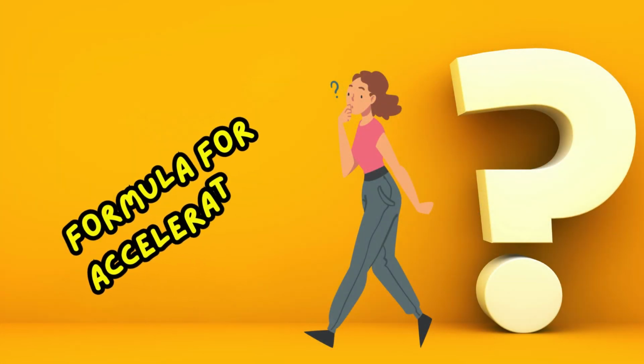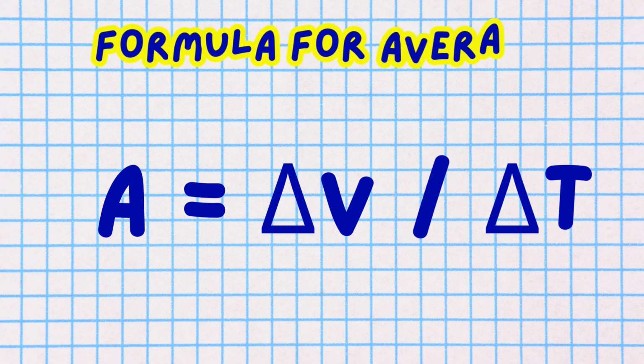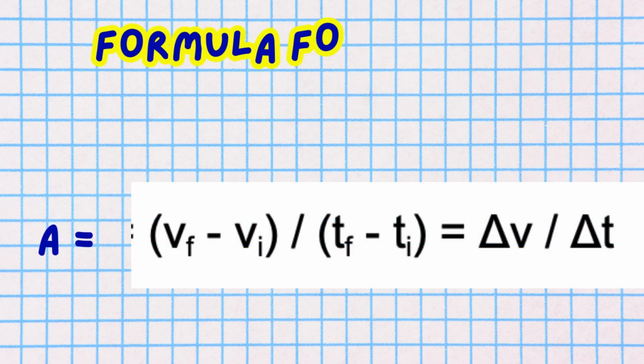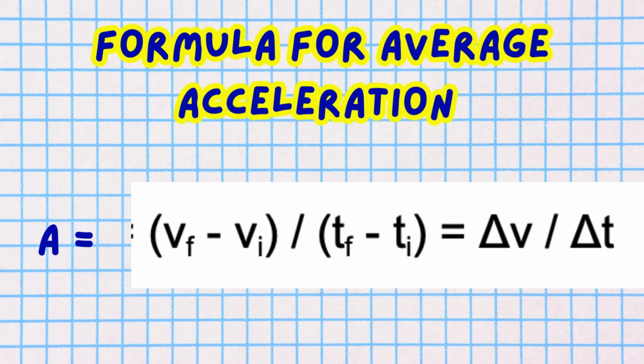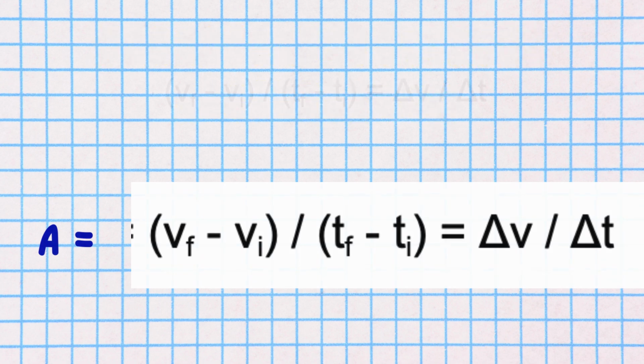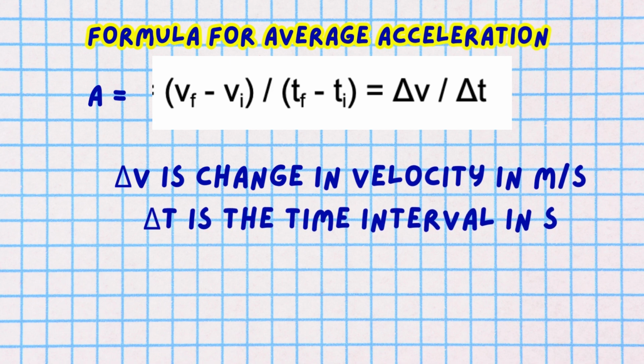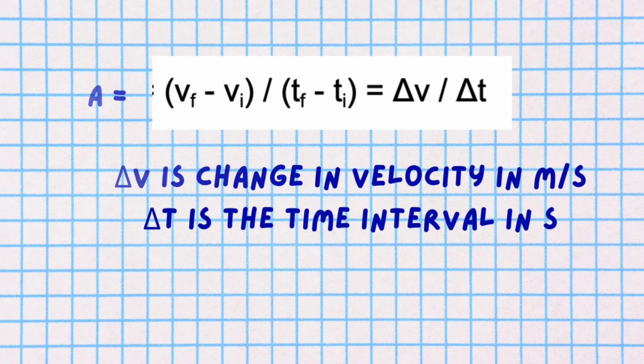So what is the formula for acceleration? We can write the formula for average acceleration as a equals delta v over delta t, which equals final velocity Vf minus initial velocity Vi divided by Tf minus Ti. Delta v here is the change in velocity in meters per second, and delta t is the time interval in seconds.